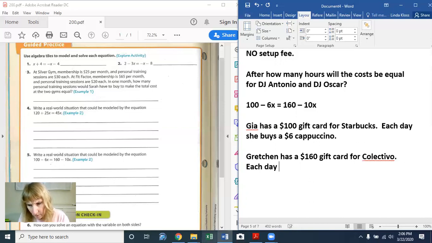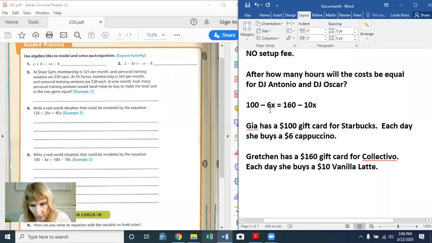Each day, that's two L's as well, each day she buys a $10 vanilla latte. Okay, where am I getting all those numbers from? This is my rate, my minus $6 cappuccino. This is my rate, my minus $10 vanilla latte. This is my gift card balance for Gia. This is my gift card balance for Gretchen.